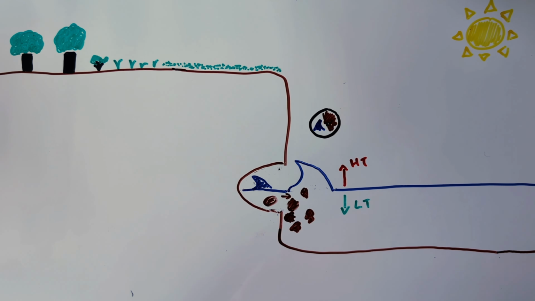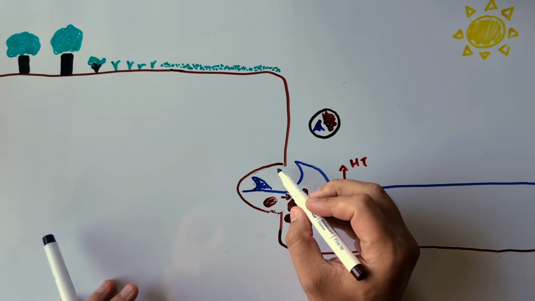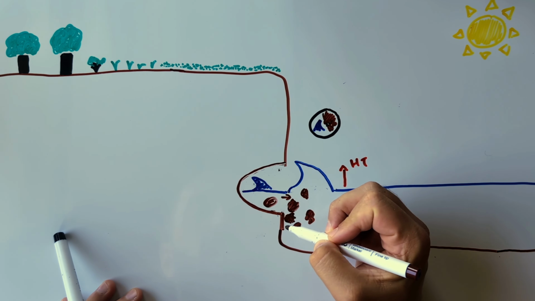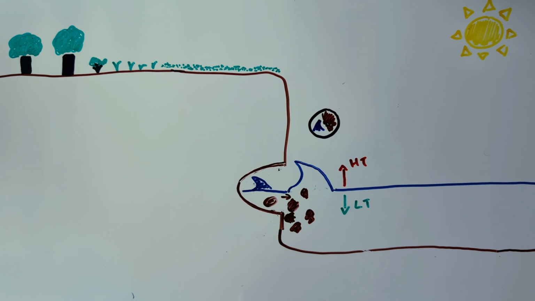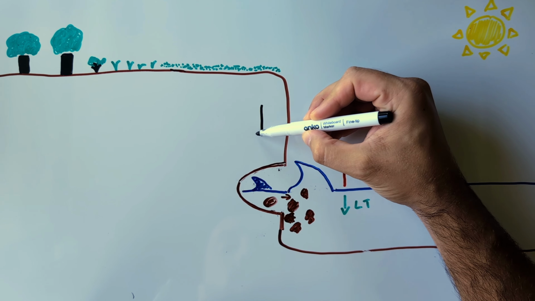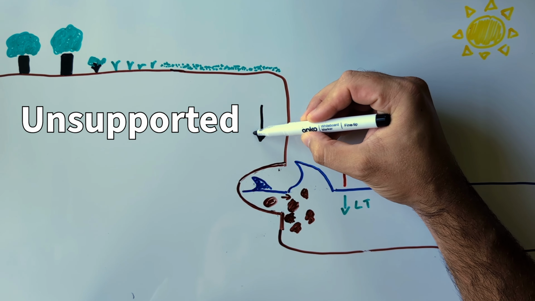So, can you spot a similarity here between wave cut notches and waterfalls and even arches in our headlands? What's going to happen is that hard rock, it's a concordant coastline, is now unsupported.